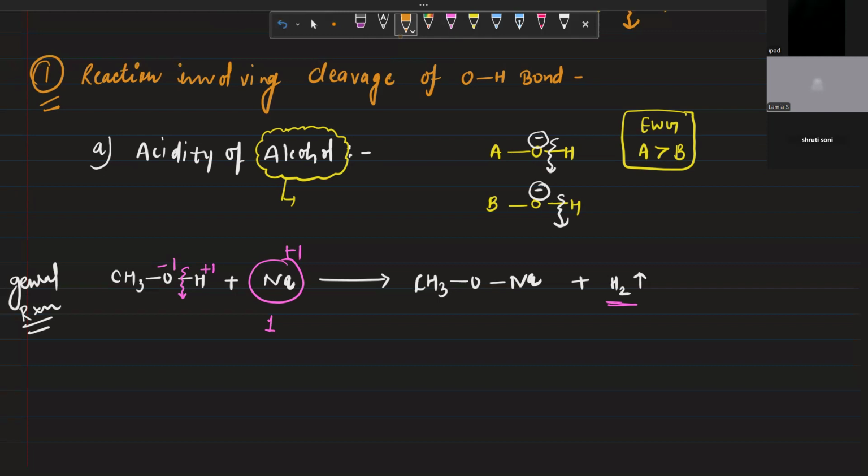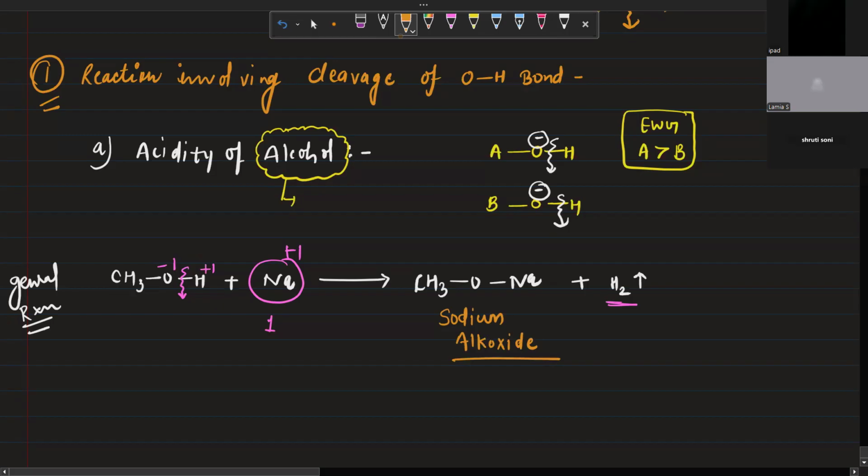This is a reaction to identify whether the alcohol is acidic or not. This compound is known as sodium alkoxide.